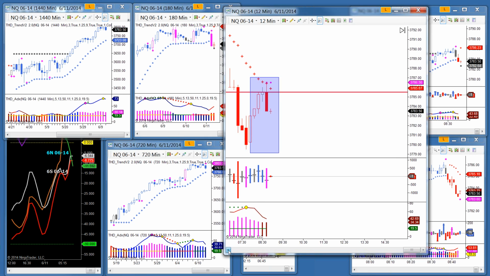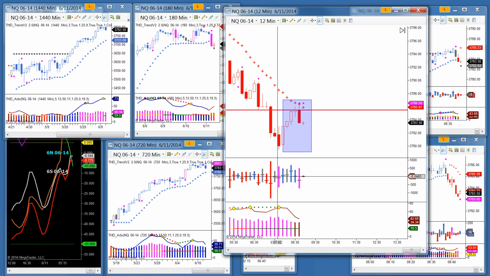Now, I realize this is big, but I want you to see it. You had an outside bar. This is a bar that exceeded the high and the low of the previous bar. Do you see how that formed divergence?